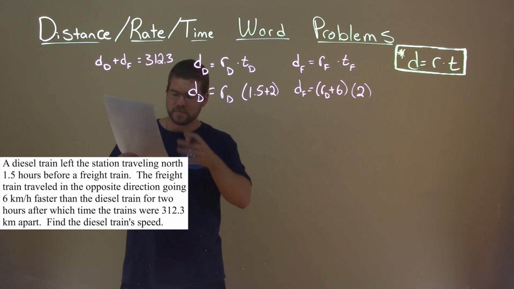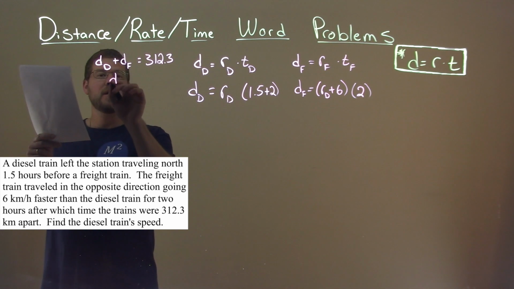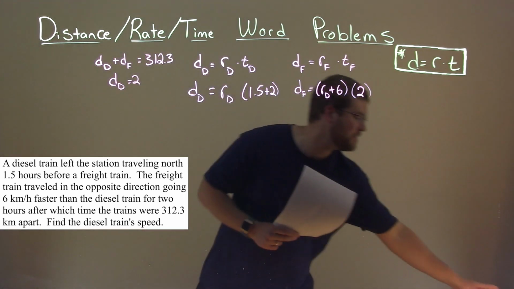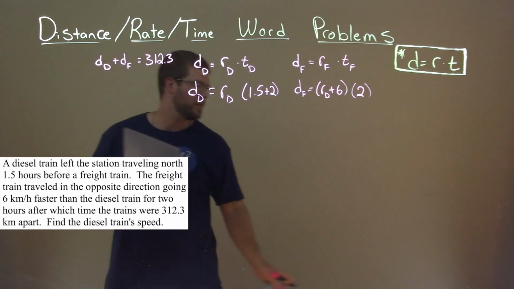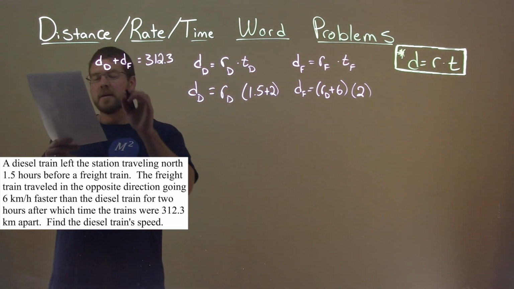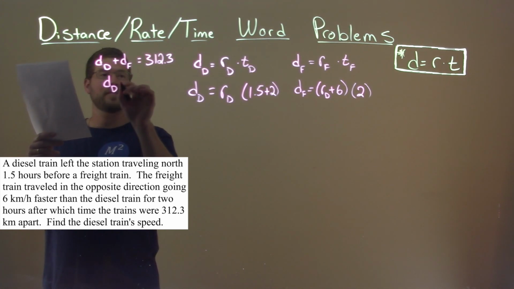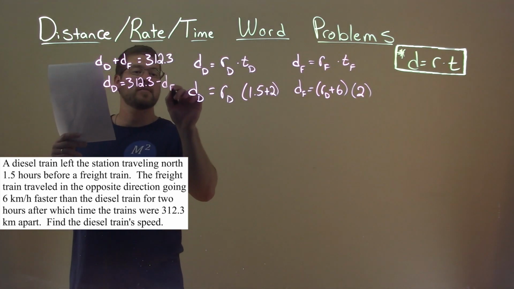We can adjust this by subtracting the distance of the freight train from both sides. Oh, I'm getting ahead of myself here. It happens. It's okay. Distance of the diesel train is equal to 312.3 minus distance of the freight train.